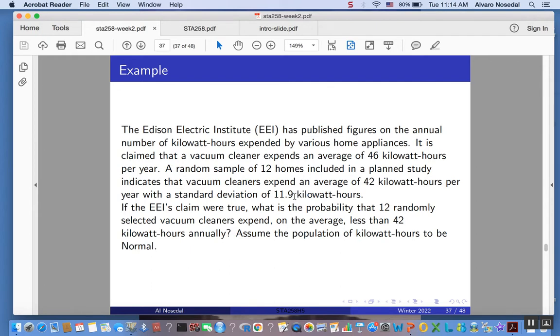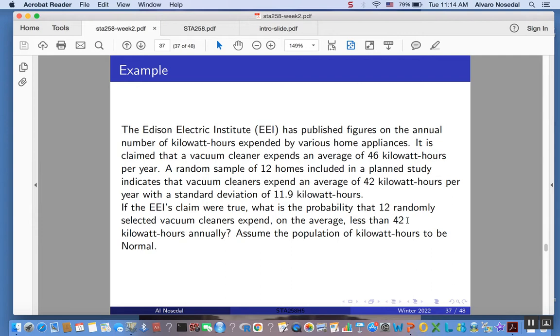Now, the ultimate goal of the problem is finding the probability that a sample average based on samples of size 12 is less than 42. So basically what we want is the probability that x bar is less than 42.